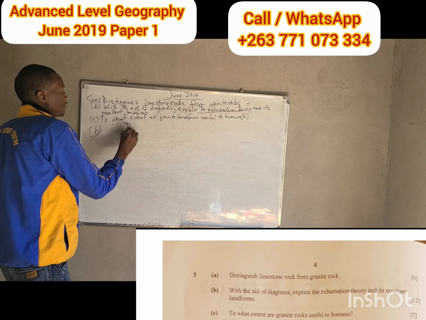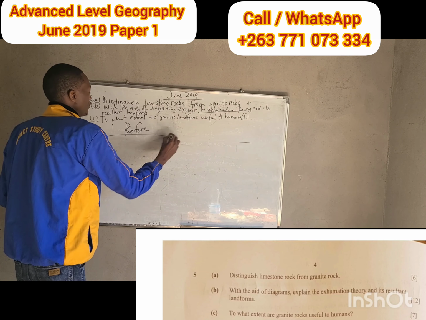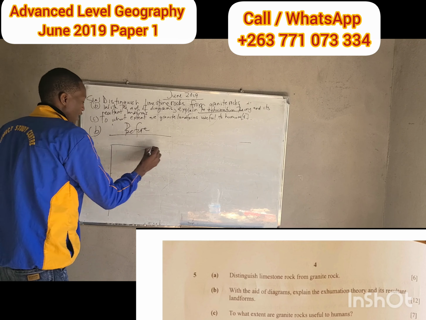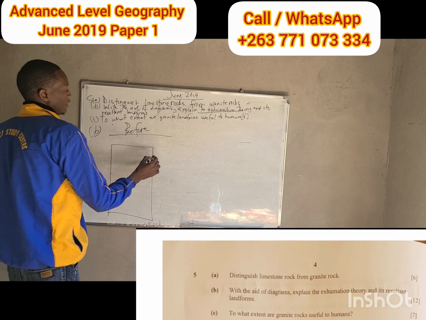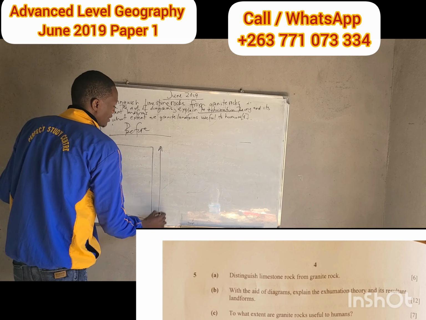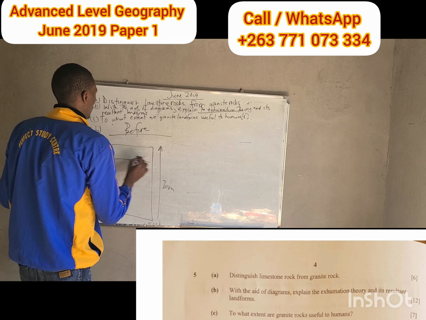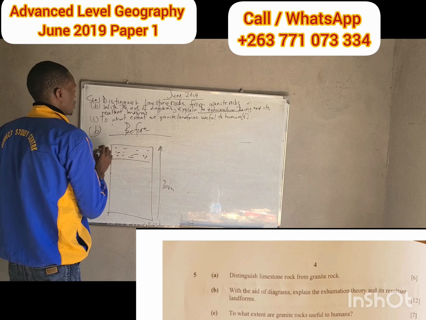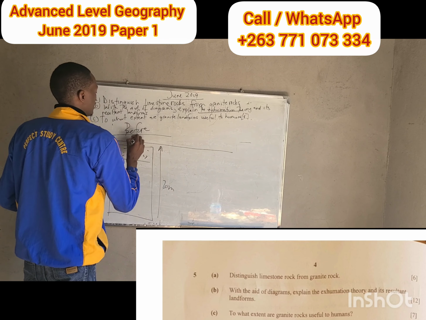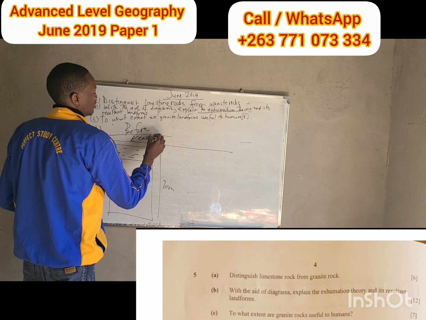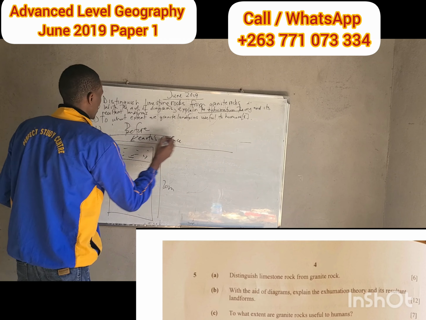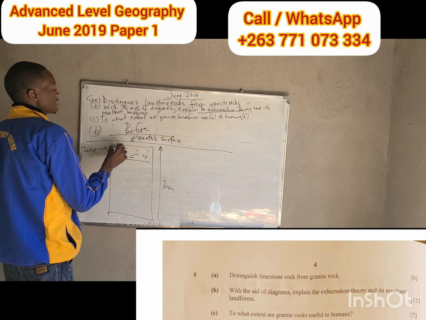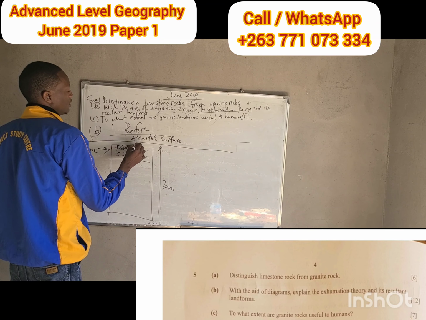So you say, before, we'll be having a mature deep weathered layer in excess of maybe 70 meters. So we have got zone 1. This will be our earth surface. Zone 1 contains residual debris.